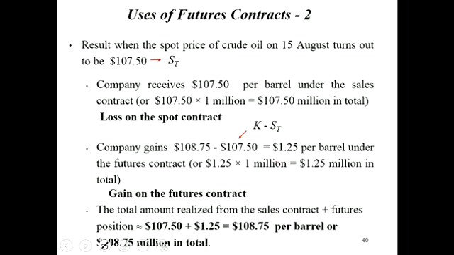The balance, in the case the price went down, they got a gain out of the futures contract, and that brought them up. In the other case, when the price went up, they got more than their $108.75 million out of the spot market, but they took a loss on the futures, and ended up at $108.75 million for that oil. So they completely eliminated their price risk.